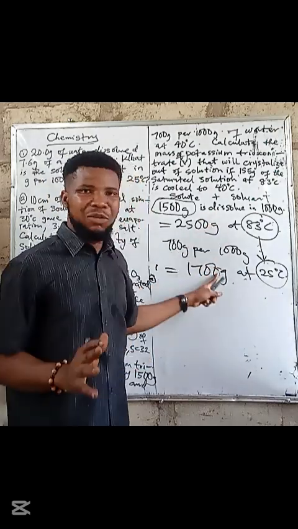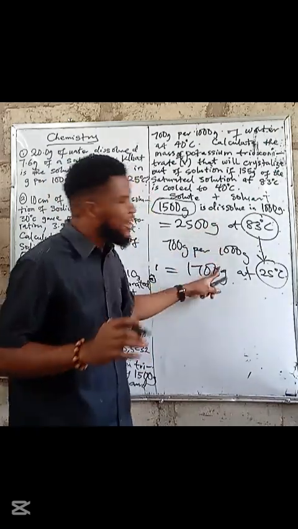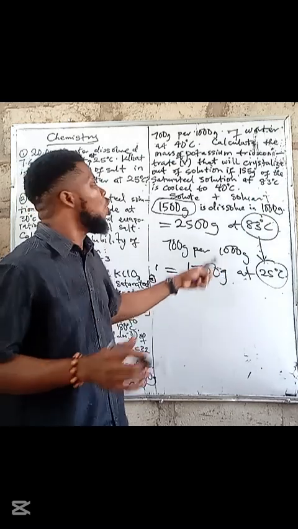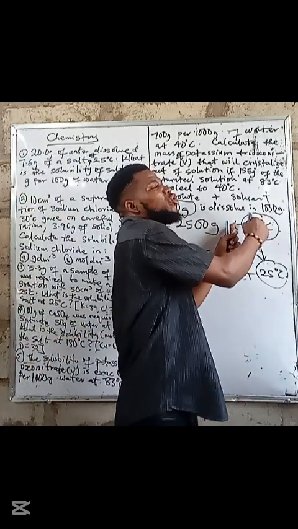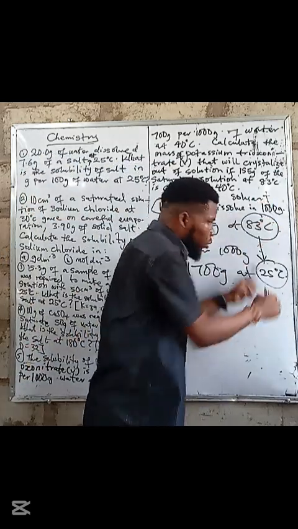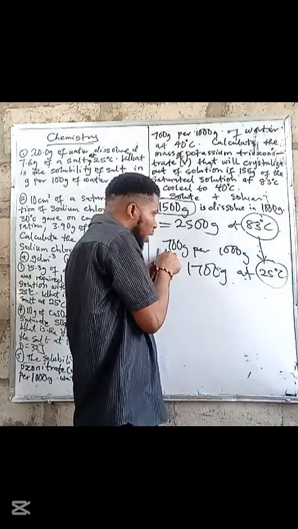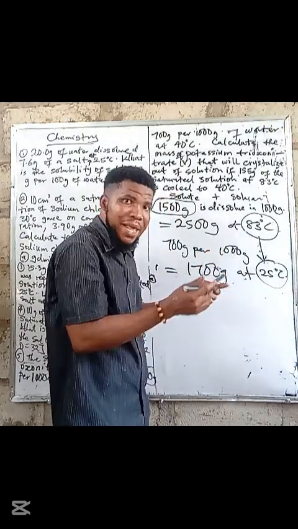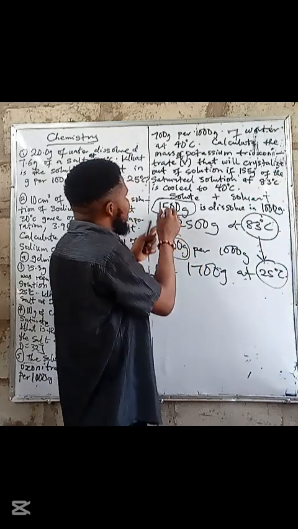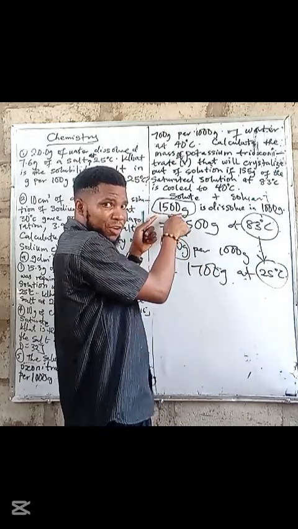Both of them are saturated. So at this point it's saturated, at this point it's saturated. Alright? So it means that if this saturated solution was cooled down to 25 degrees Celsius, it must become 700 per 1000. Meaning the excess mass, this one was 1500.